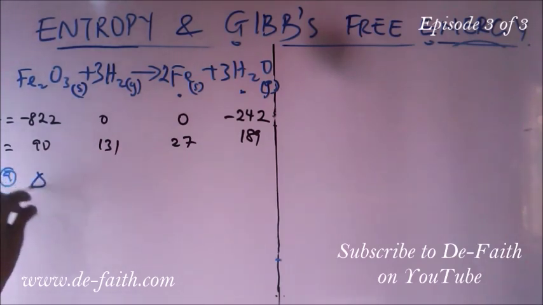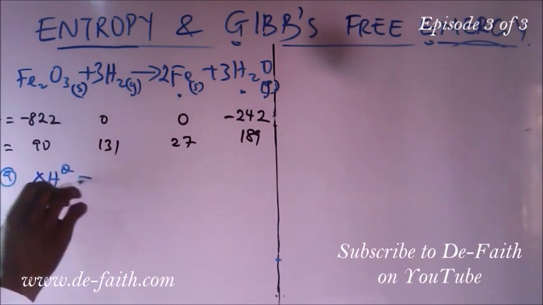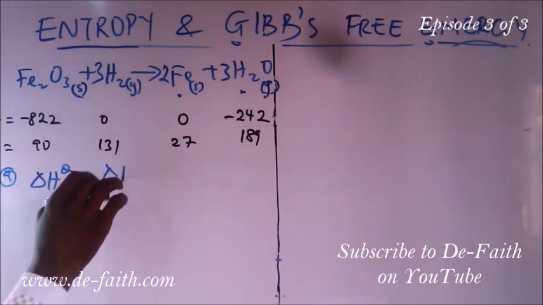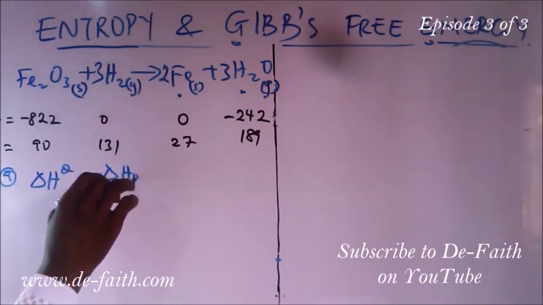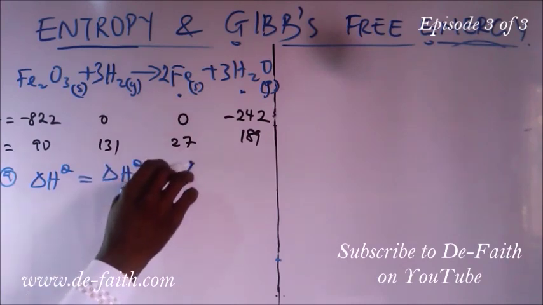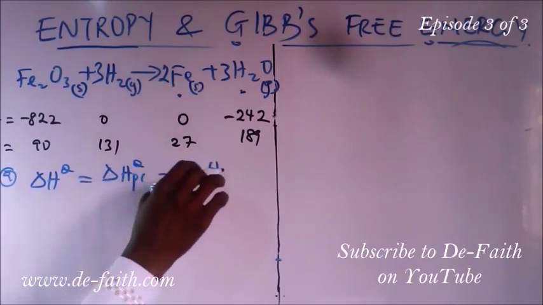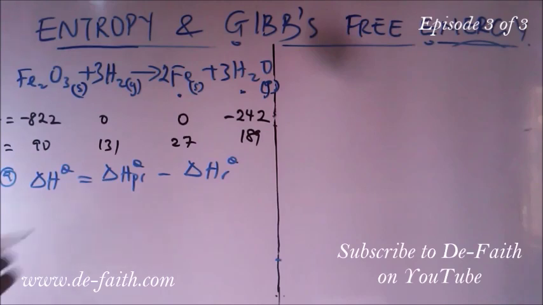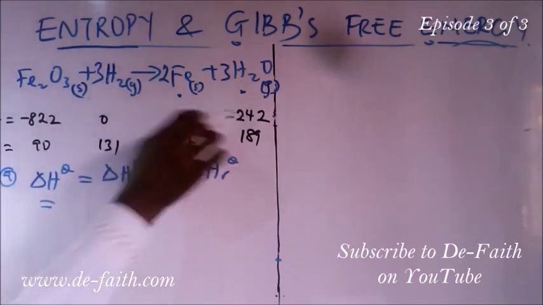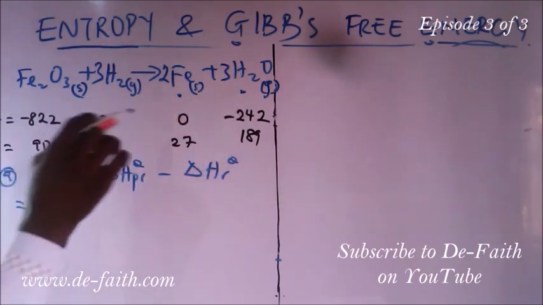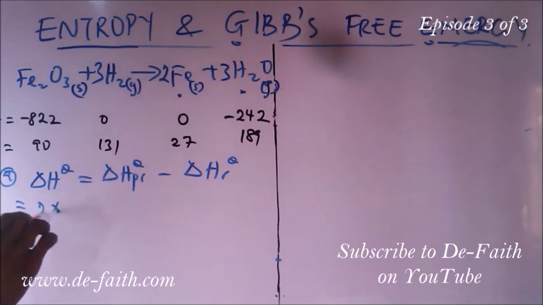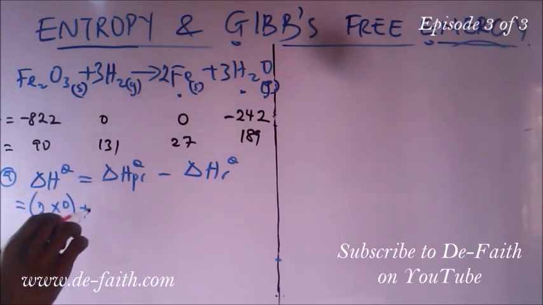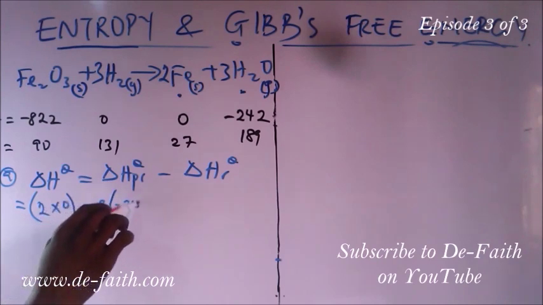We have that the standard enthalpy change is equal to the standard enthalpy of the products minus the standard enthalpy of the reactants. For the products, we will take 2 multiplied by 0 plus 3 moles of water, that is minus 242.